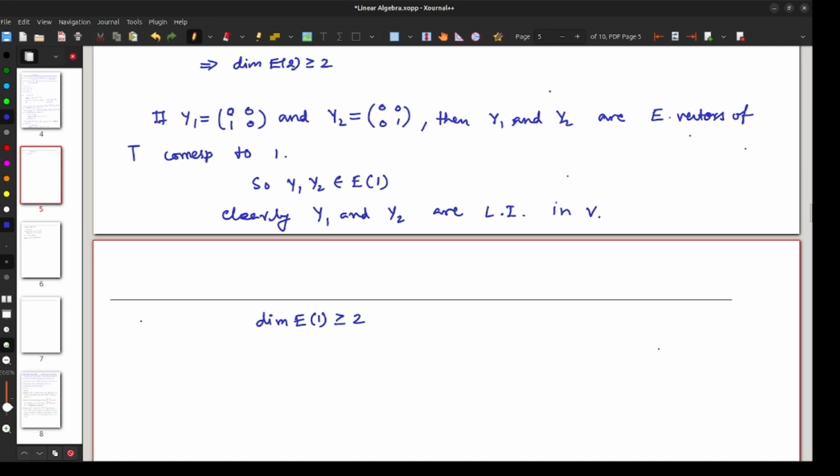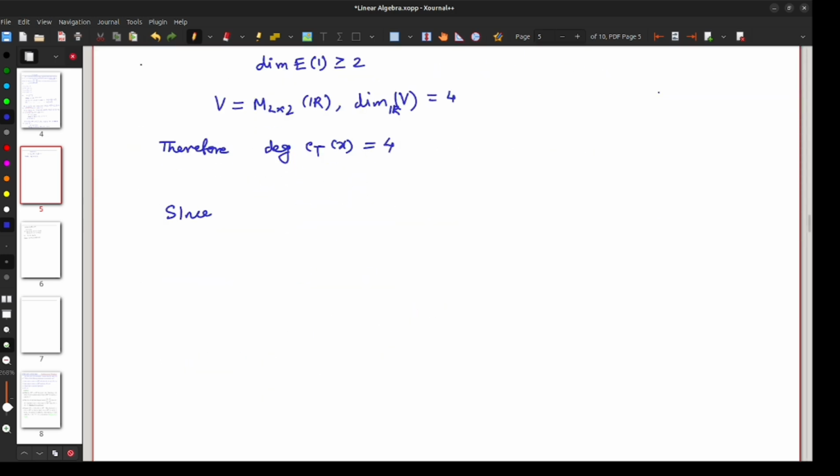Since V is a vector space over R of all 2 by 2 matrices with entries in R, the dimension of V over R is 4. Therefore, the degree of the characteristic polynomial of T is 4.